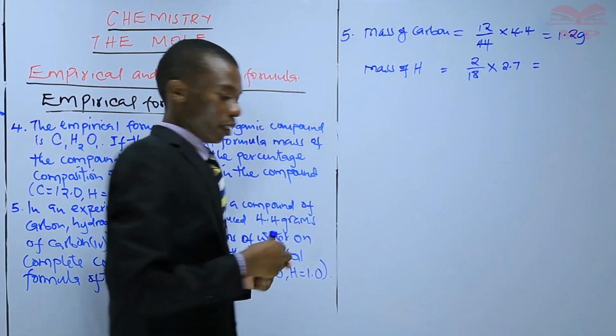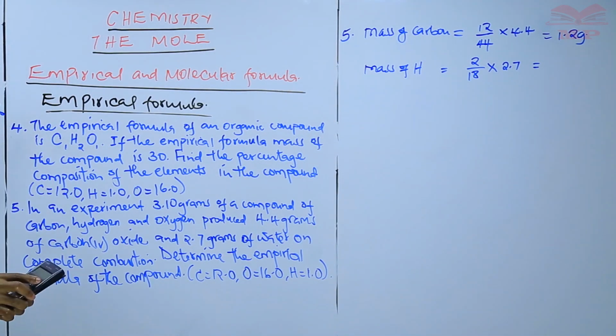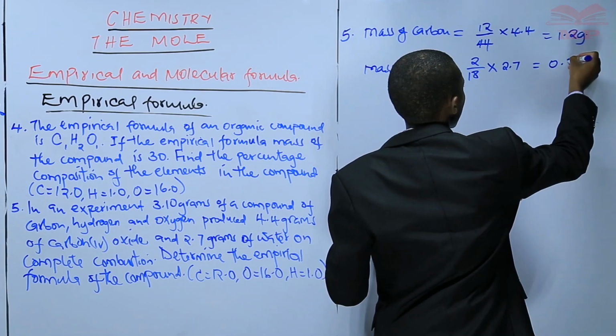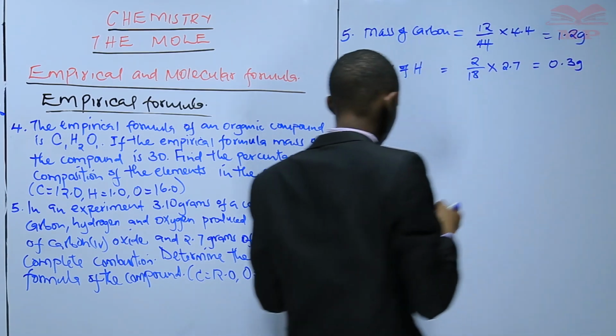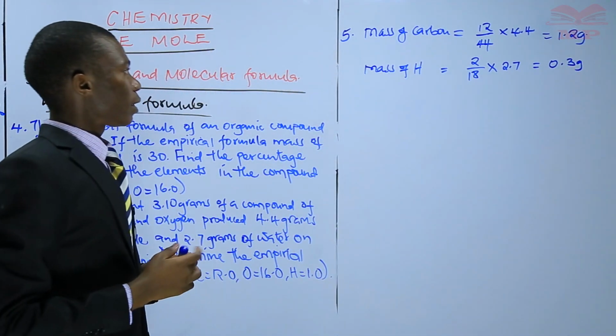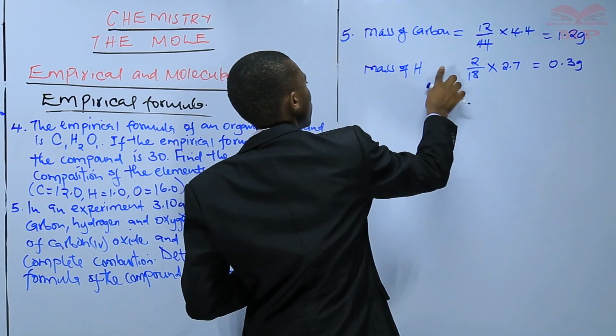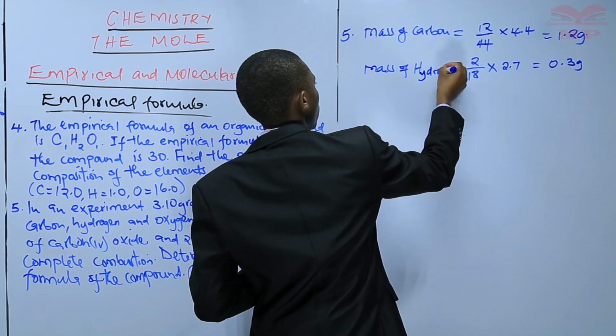2 divided by 18, multiplied by 2.7, you'll get 0.3 grams. 0.3 grams is the mass of hydrogen, and 1.2 grams is the mass of carbon.